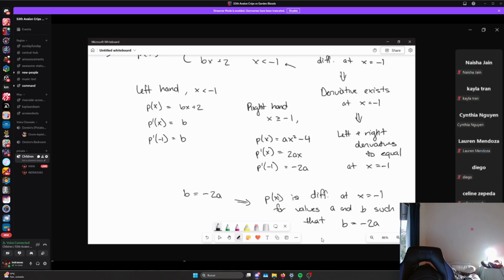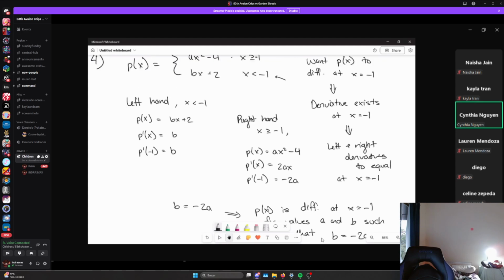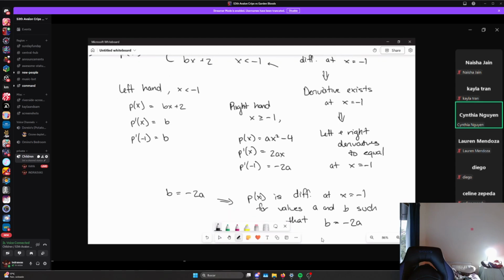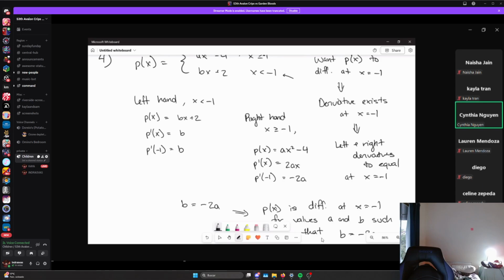How do you know which one's left hand, which one's right hand? Left hand is just to the left of -1 and right hand is to the right of -1. So if you're less than -1, you're on the left of -1. If you're on the right of -1, you're greater than -1. So it's just arbitrary.